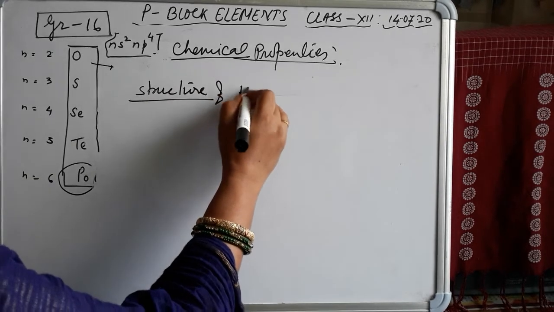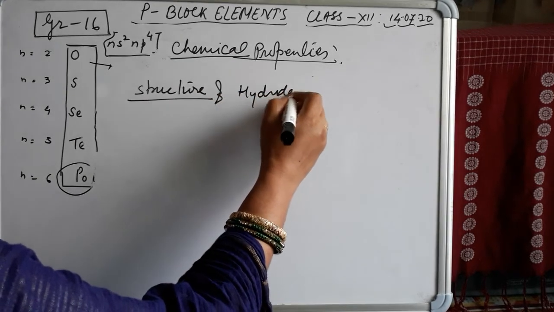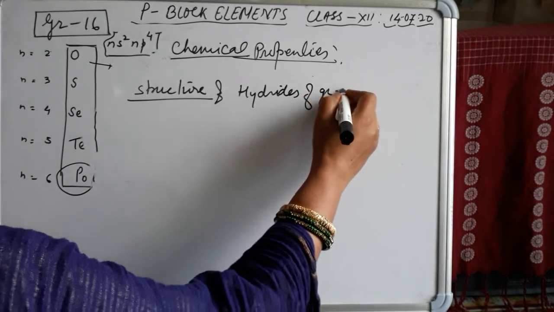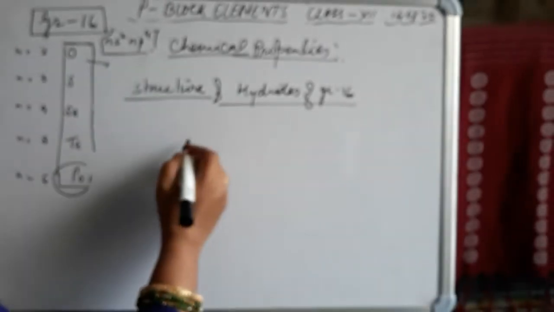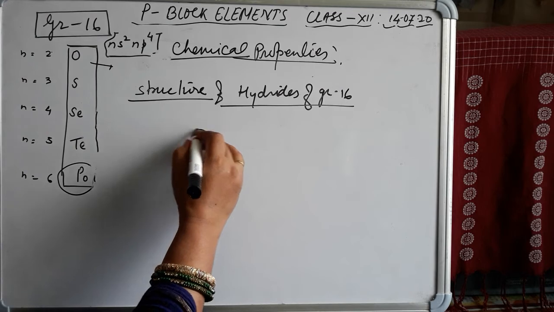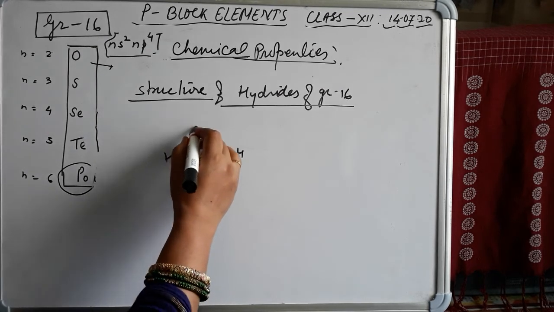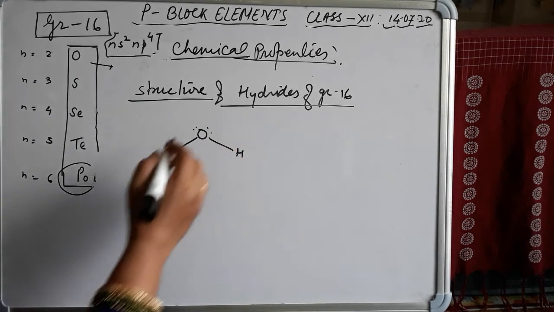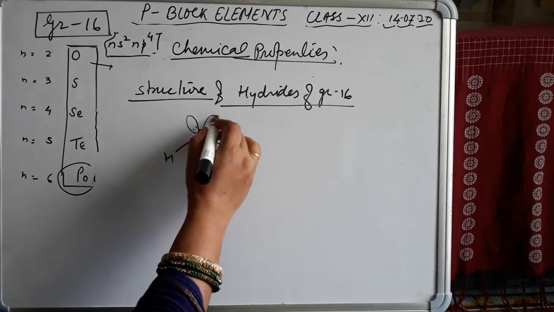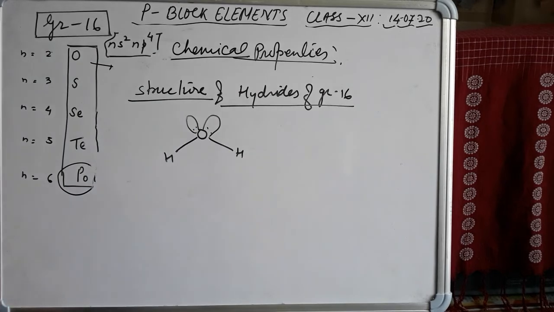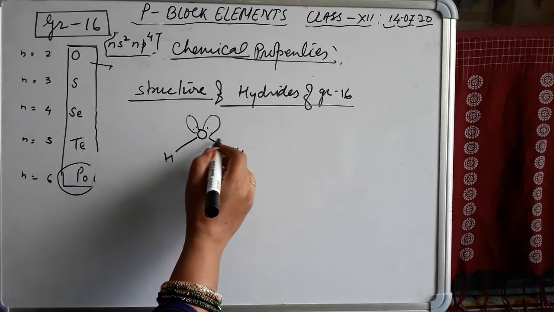Structure of hydrides of group 16. As we discussed, suppose we take oxygen and hydrogen and two lone pairs here. So students, the hybridization of this particular oxygen is sp3.